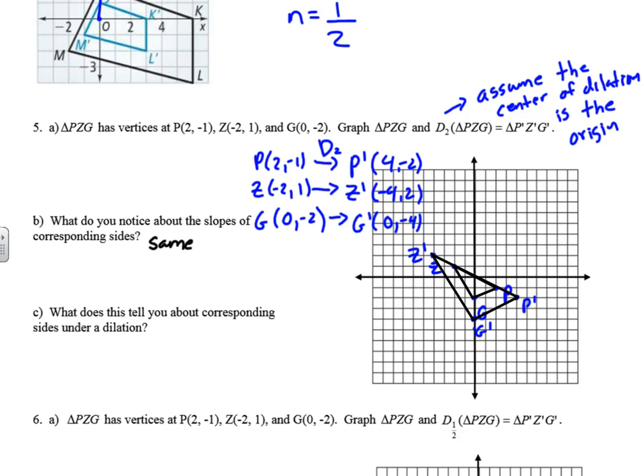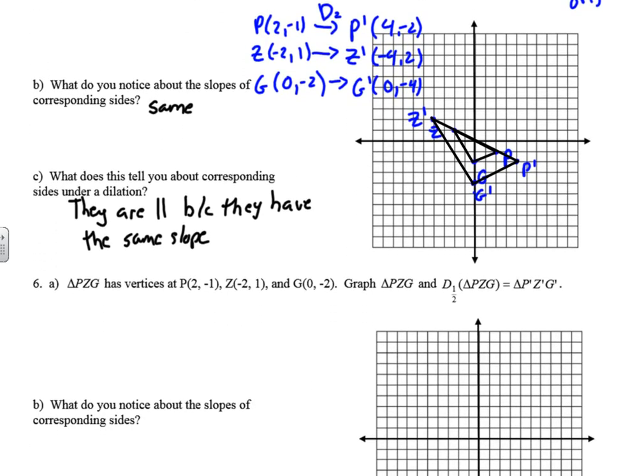If their slopes are the same, then corresponding sides are parallel, because they have the same slope. Or sometimes they're exactly the same line. If you look at the center and P and then P prime, that's the same line, versus Z prime, G prime, and ZG, those are parallel to each other.